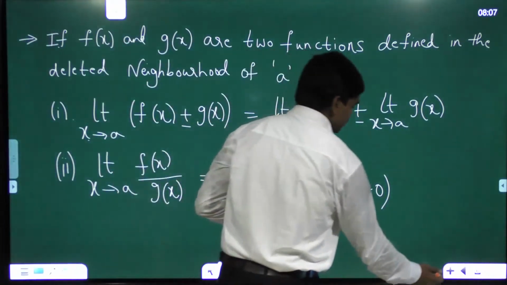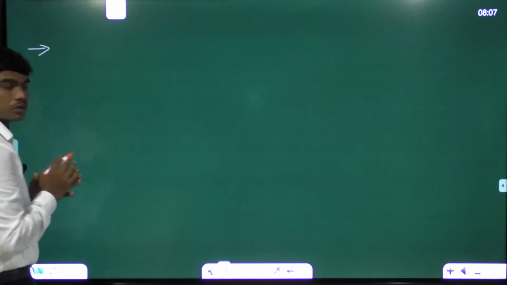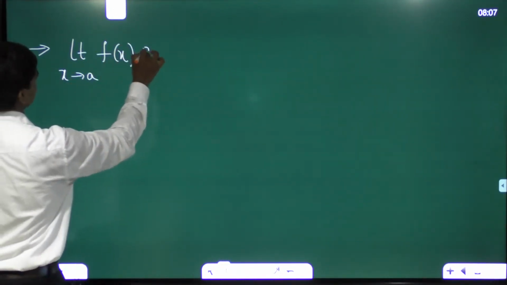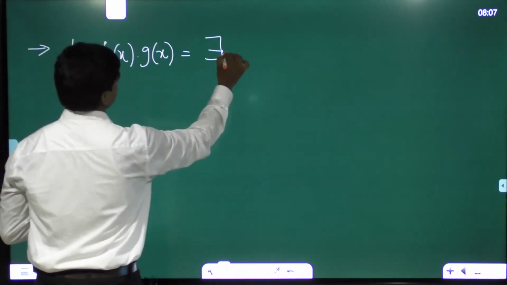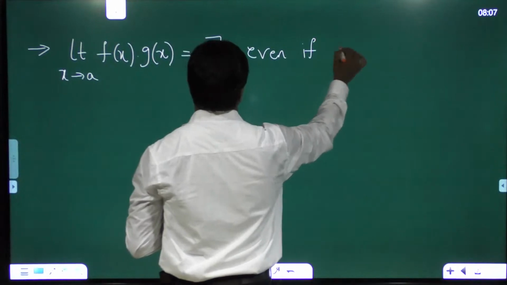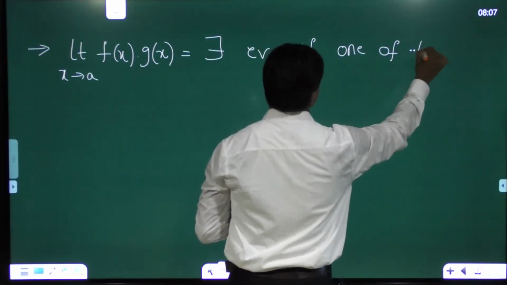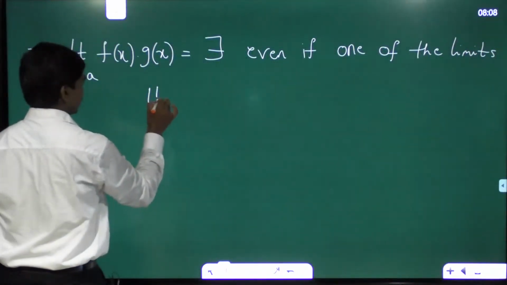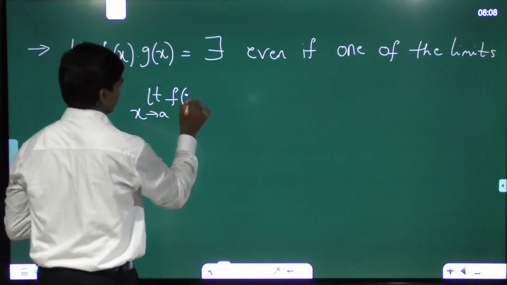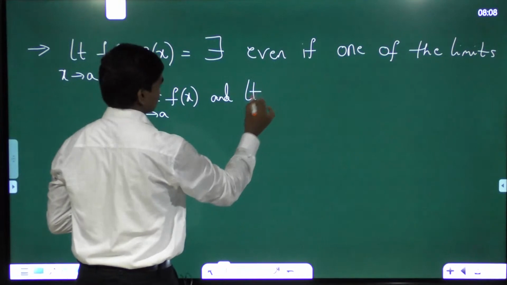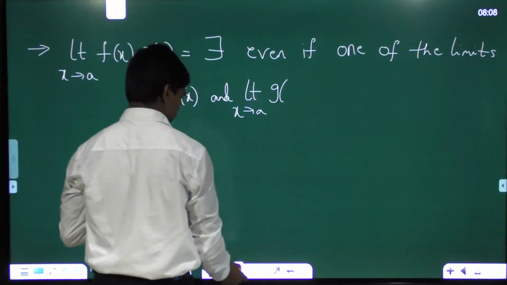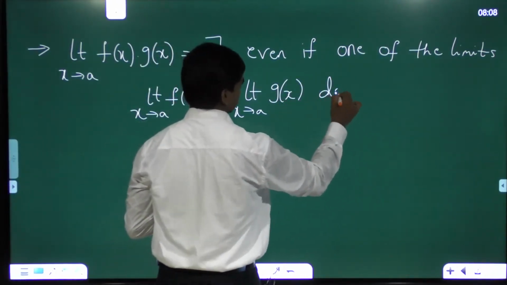So now there is one important result in limits. The result that I'm going to talk about is that limit x tends to A, f of x into g of x can exist even if one of the limits, limit x tends to A, f of x or limit x tends to A, g of x, does not exist.